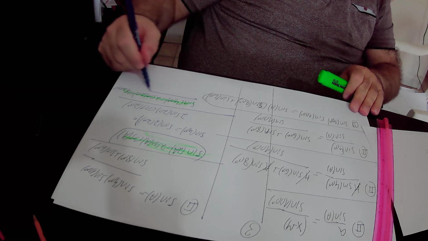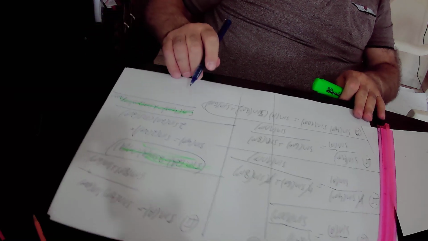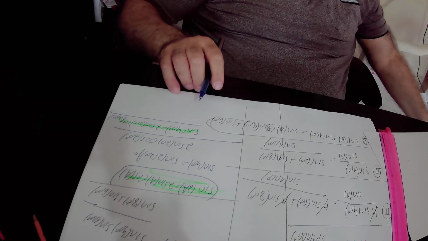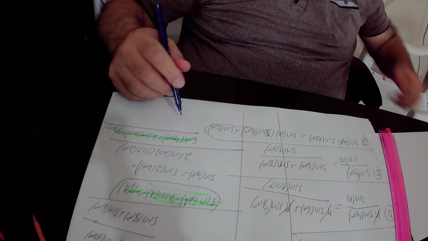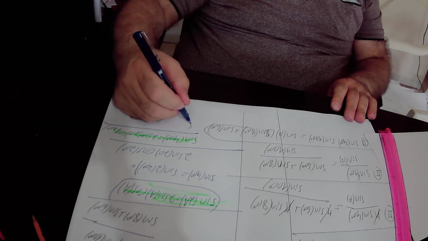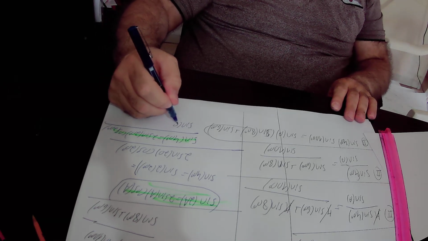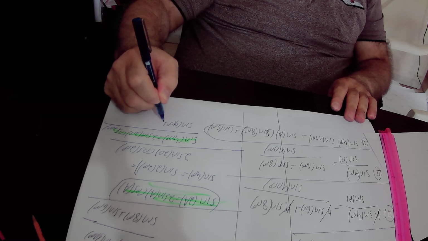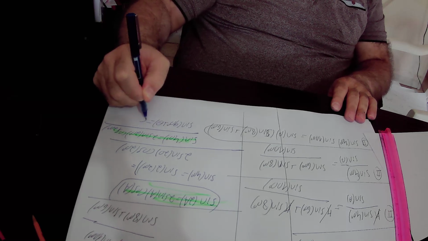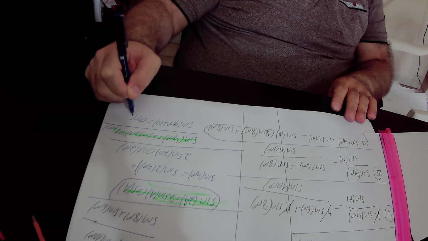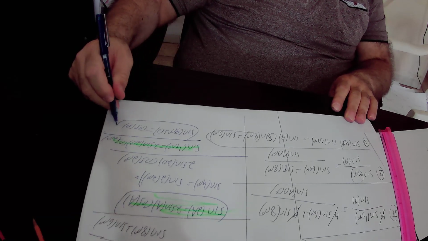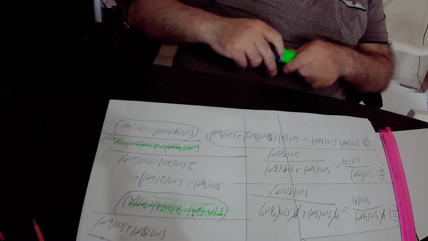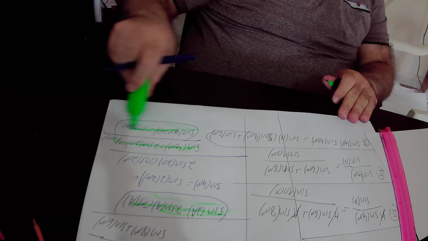And we will use the trigonometric identity that sine 90 degrees plus theta is equal to cosine theta. We use this identity for sine 100 degrees.